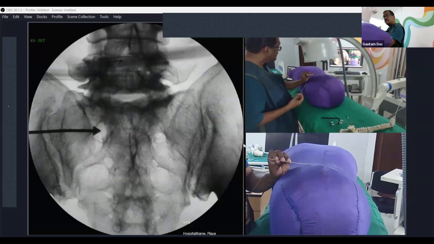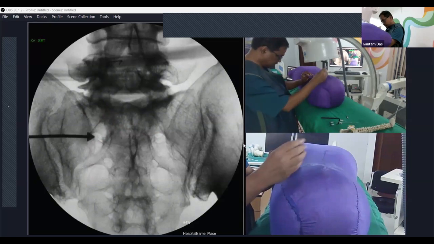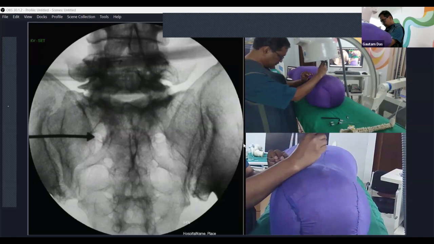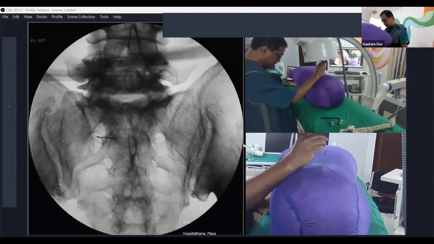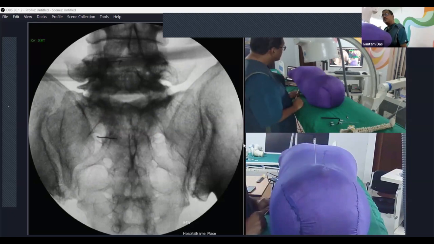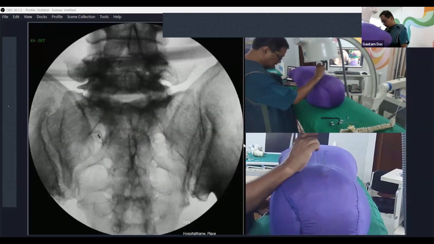Again by tunnel vision. Tunnel vision means I'll be seeing it as a dot, not as a line.